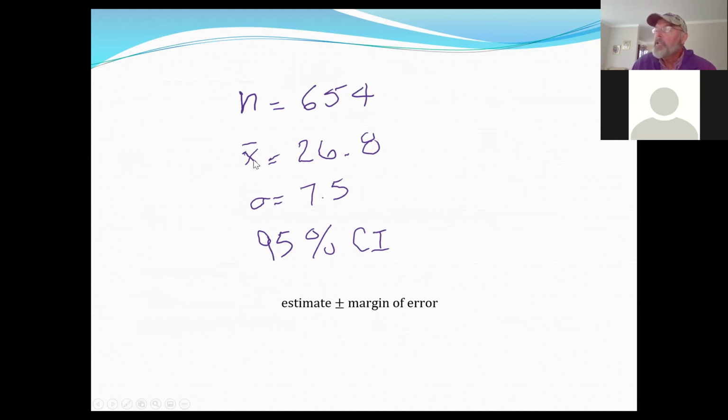The estimate is coming from X bar. The margin of error is made up of the standard deviation over the square root of 654, and we're going to be using 2 for the 95% confidence. Why am I using 2?